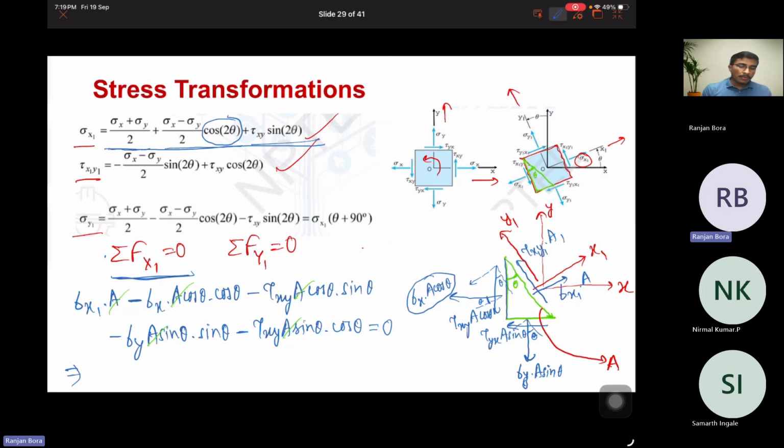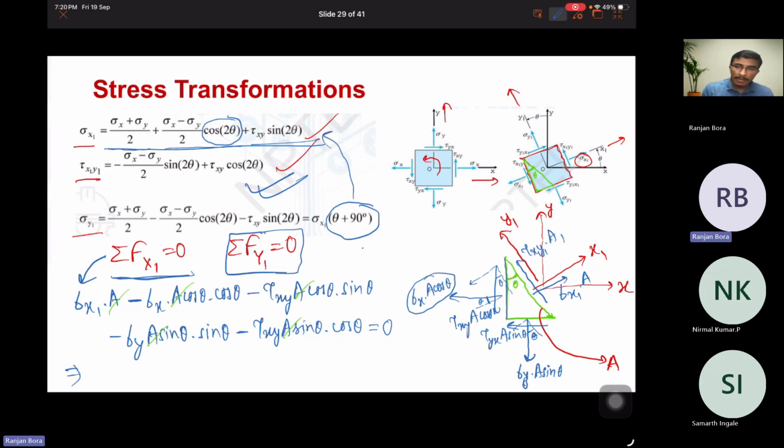So from this summation of Fx, by doing the equilibrium along the x1 axis, we have got the sigma x1. Now if we do this second summation of Fy1 is 0, means if we do the equilibrium along the y1 axis, then we will get this second expression. We will get the equation for tau x1y1, and for the sigma y1, we need to substitute theta by theta plus 90 degree in this expression.